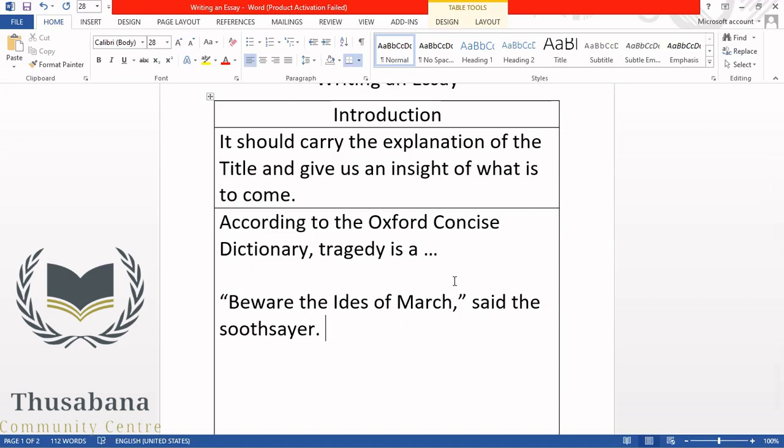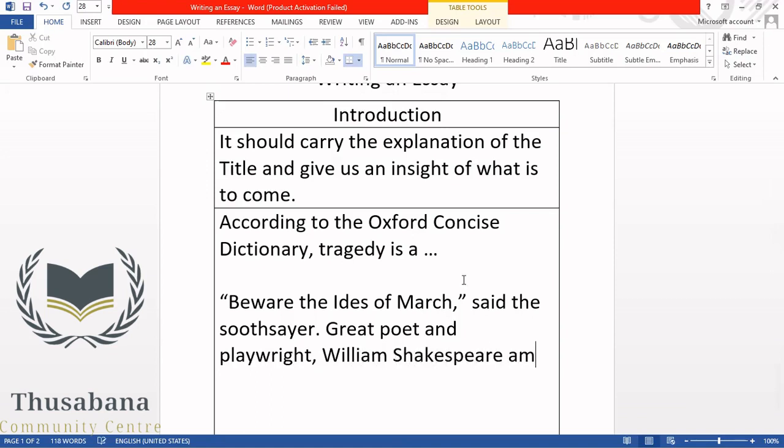But then, great poet and playwright, William here made this kind of literature.